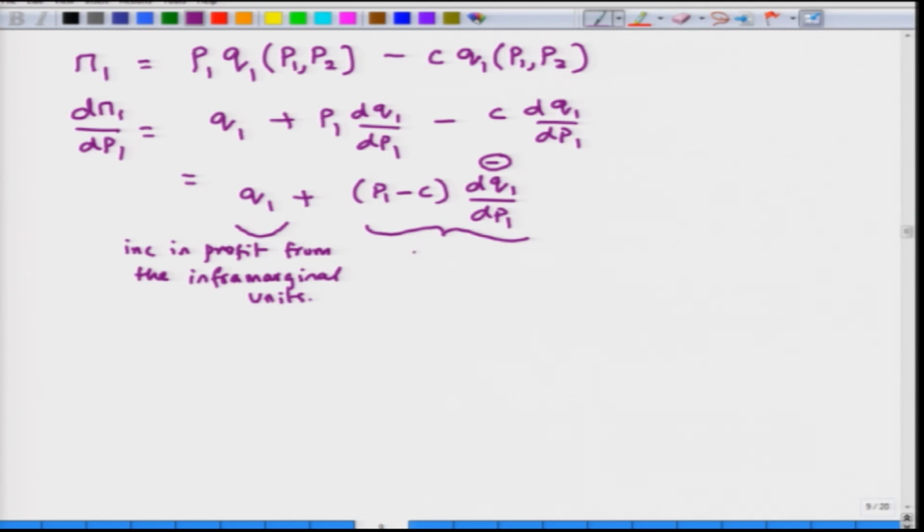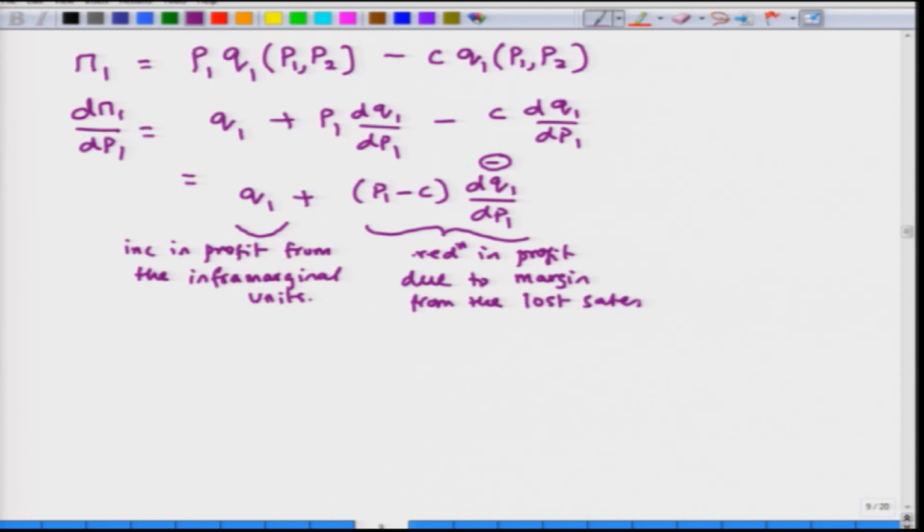So, this is the reduction in profit due to the margin from the lost sales.